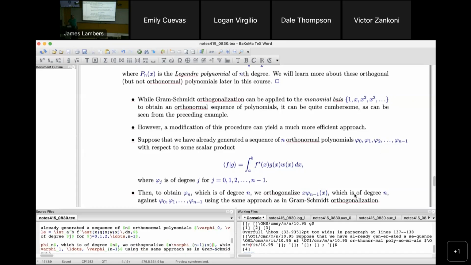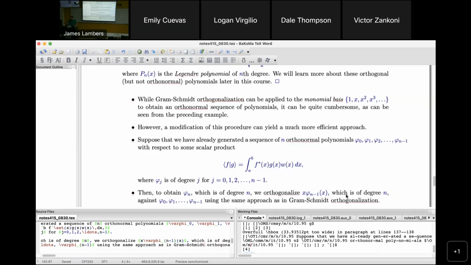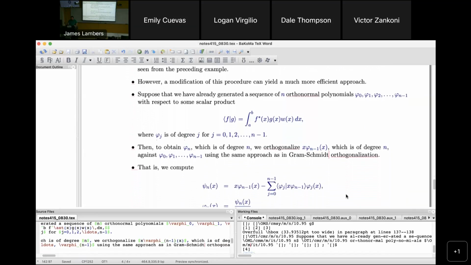You could take any polynomial of degree n and orthogonalize against it. It doesn't matter which one, and you get the orthonormal polynomial you need. So now we'll carry out Gram-Schmidt with this instead of x to the n. Let's see what happens.